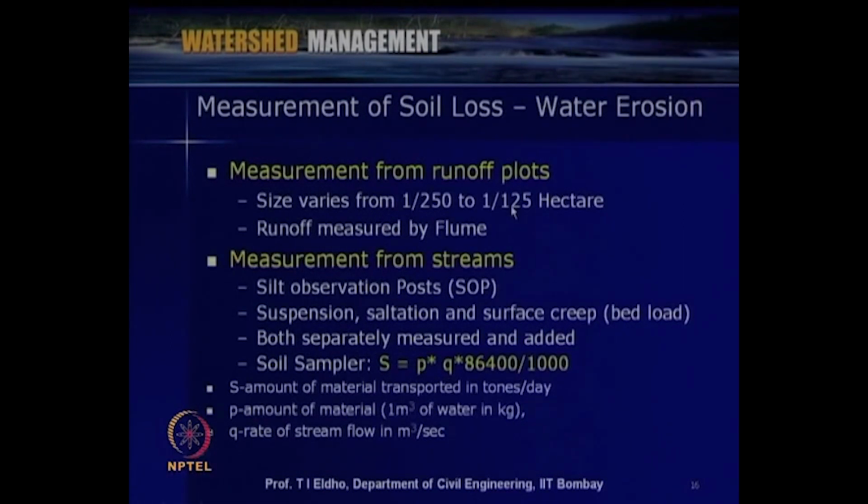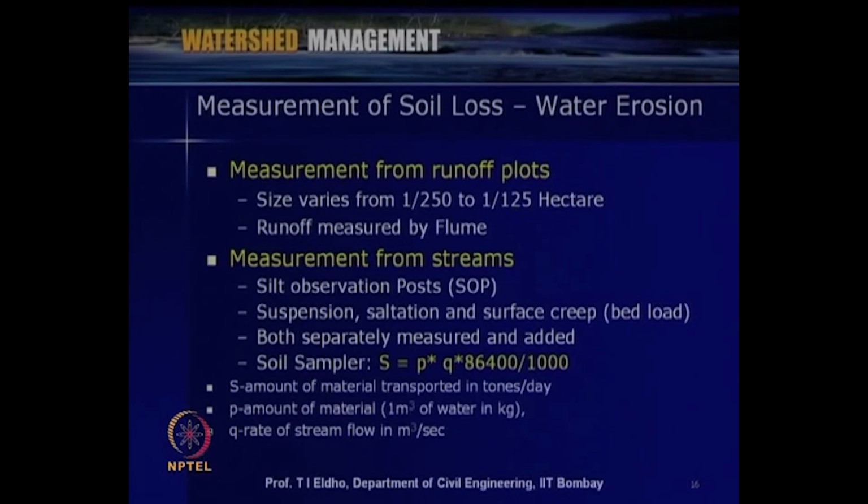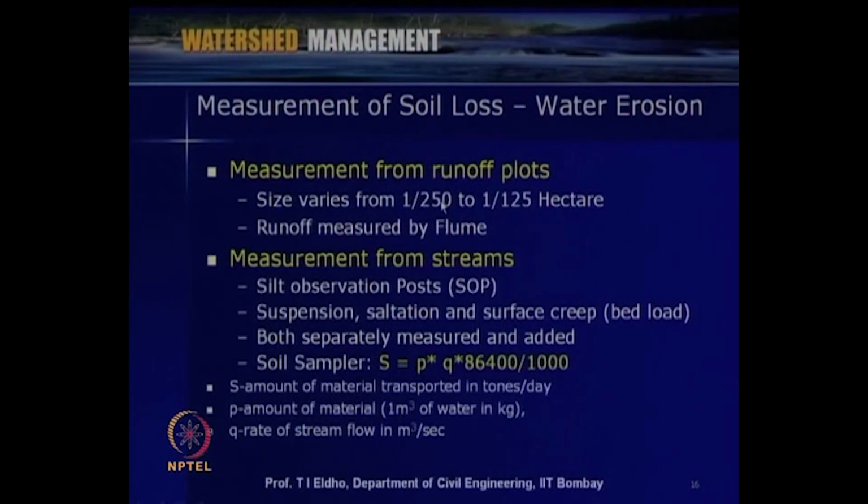So, the different types of water erosion we have seen are inter-rill erosion, rill erosion, gully erosion, and channel erosion. Now, as far as water erosion is concerned, we can measure it as soil loss. The measurements generally can be conducted in a typical watershed.